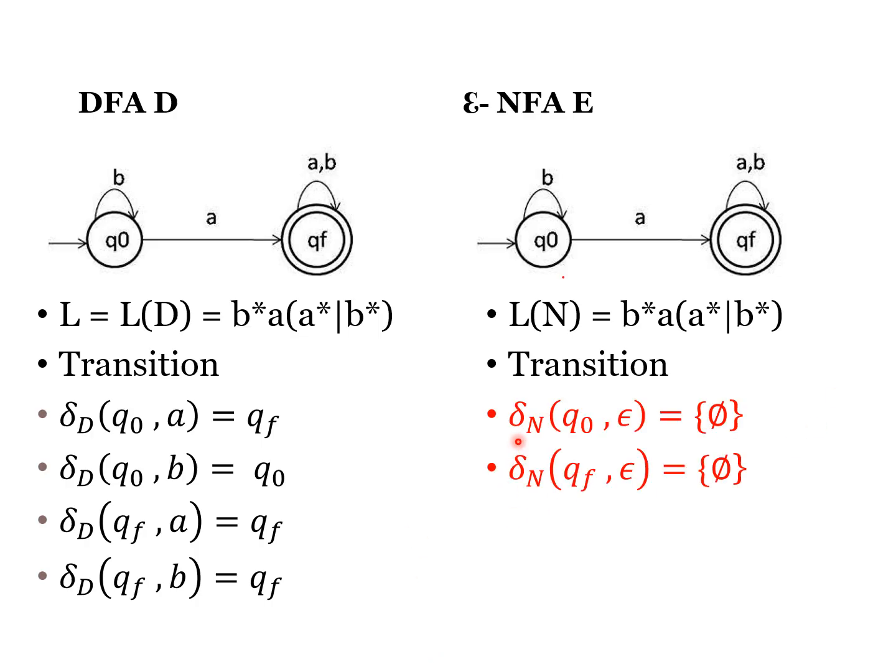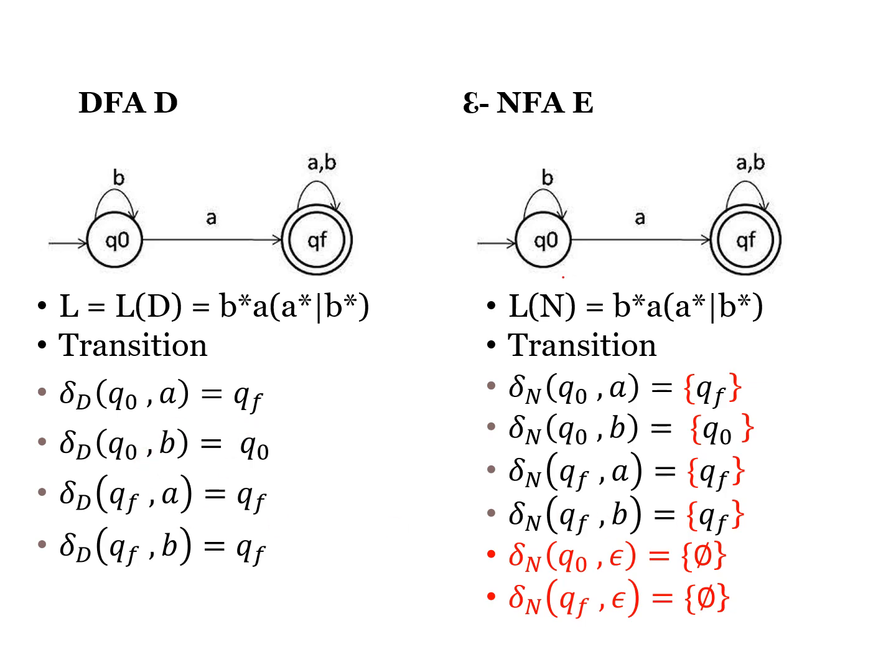So there are two states in the DFA, Q0 and QF. For these two states, you add the transitions delta of Q0 comma epsilon is equal to {Q0} and delta of QF comma epsilon is equal to {QF}. And then for each transition in the DFA, you add a transition in the NFA also.